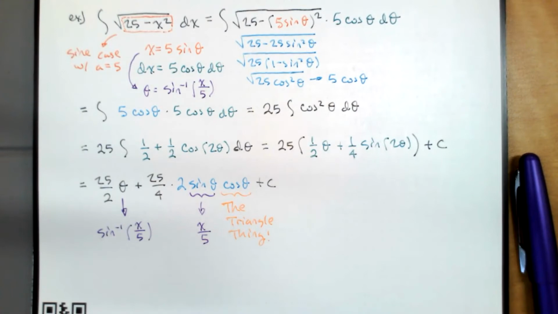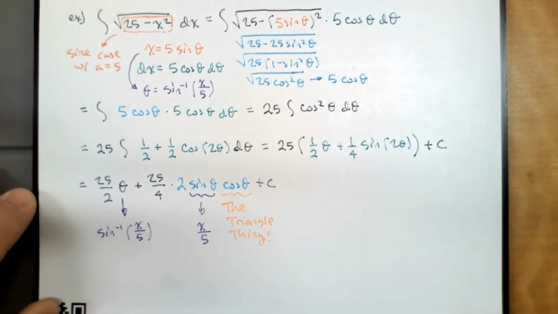So we got to do some trigonometry. So this is what I call the triangle thing. Notice that sine of theta is x over 5. And in a right triangle, that means x is the opposite and 5 is the hypotenuse. For cosine of theta, we need to know the adjacent.